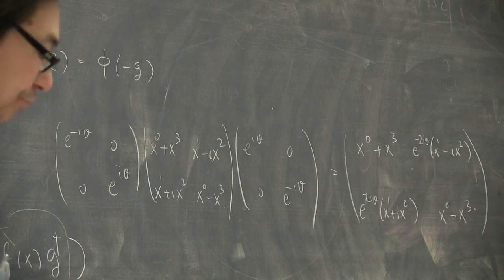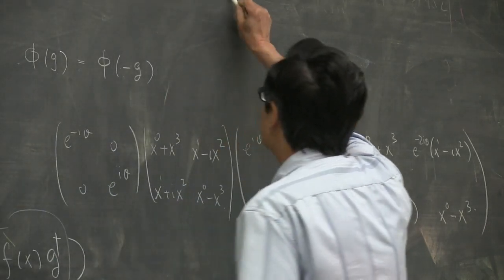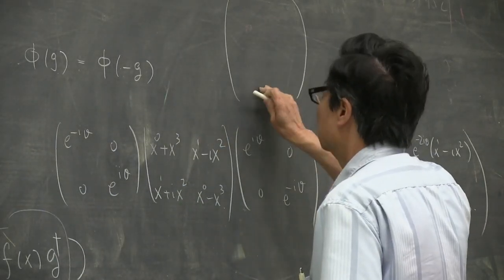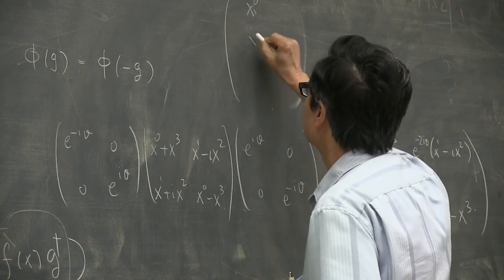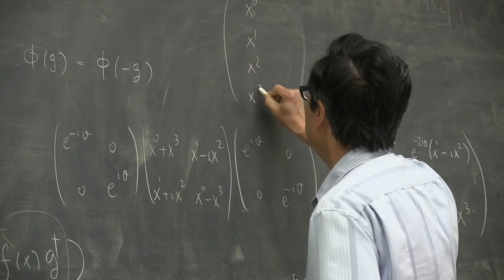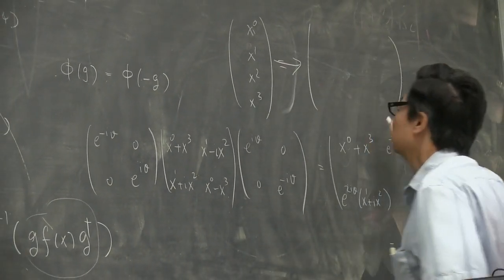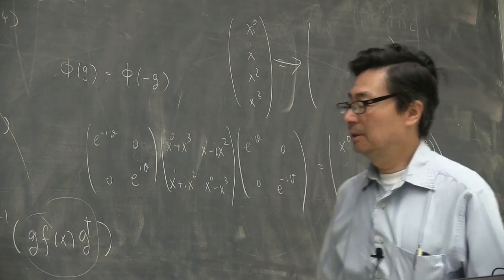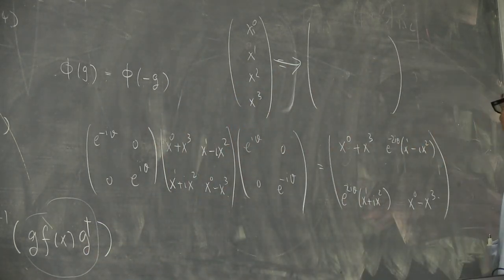So now, can you see what it does to a Lorentz vector? The Lorentz vector was originally x0, x1, x2, x3. It gets changed by the image under phi of that particular g to something that looks like this.